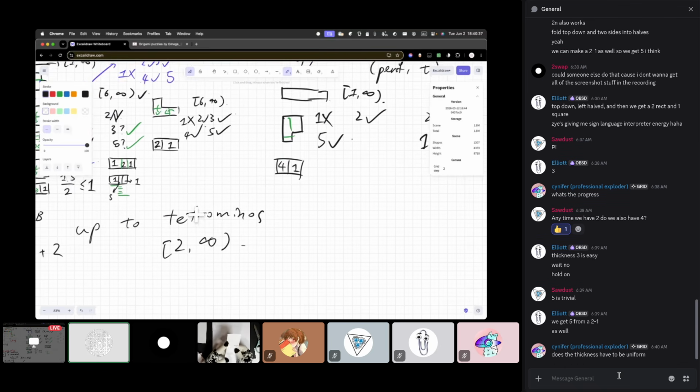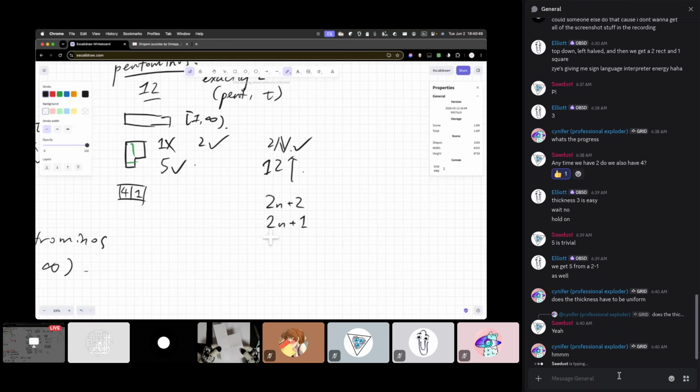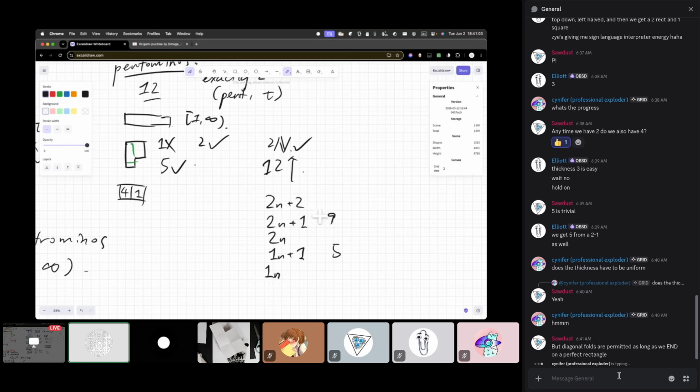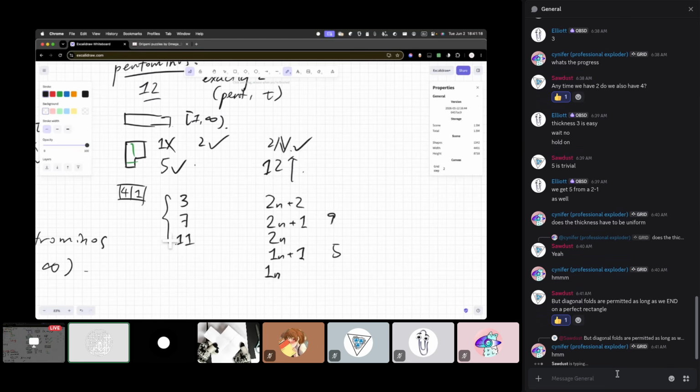So even if it's 2m plus 2, 2m plus 1, or 2n, or 1n plus 1, or 1n, these are also resolvable. So plugging these values in, this would be 9 and this would be 5. These are the two which are non-even, and everything even we've already covered. So therefore, what we have remaining is 3, and then 7, and then 11 are the 3 which are remaining.